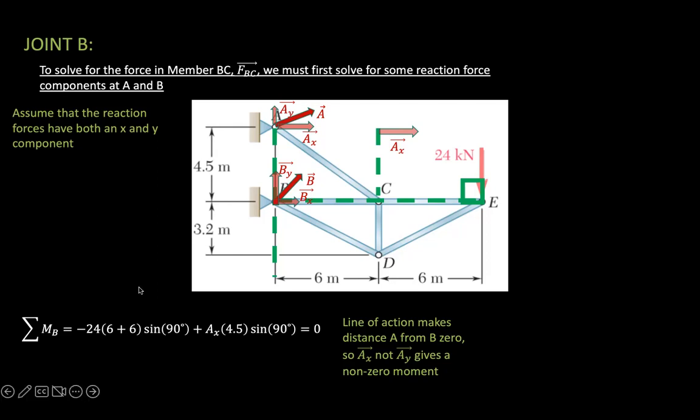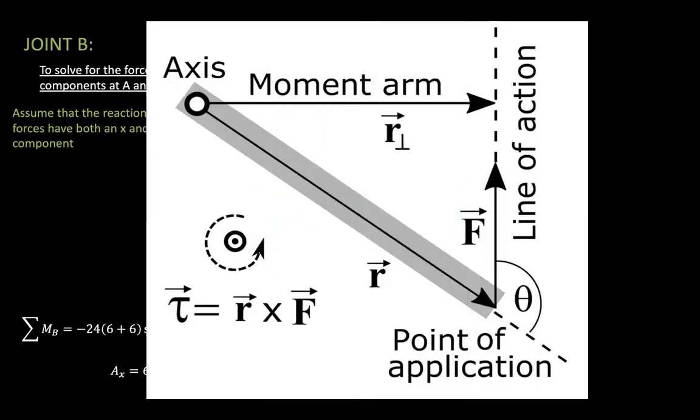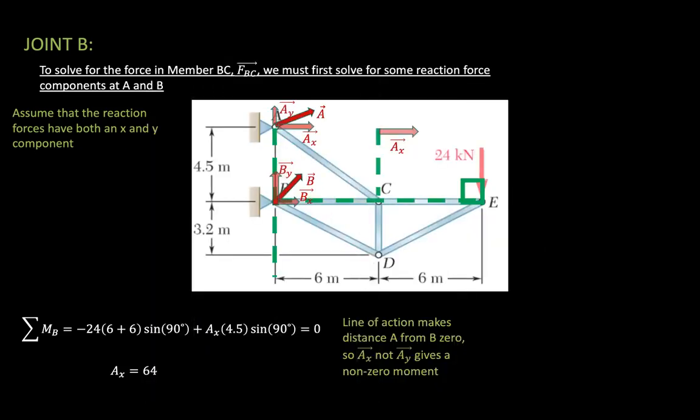The moment is simply 0. So as you see, we used AX. AX is equal to 64 kilonewtons after solving for AX from that equation. And then remember this review of line of action and the point of application, what line of action actually means.